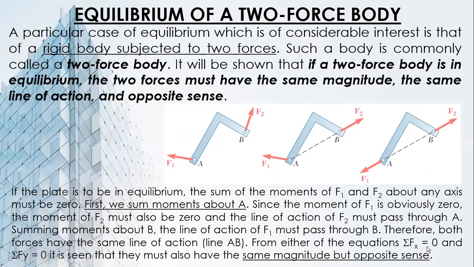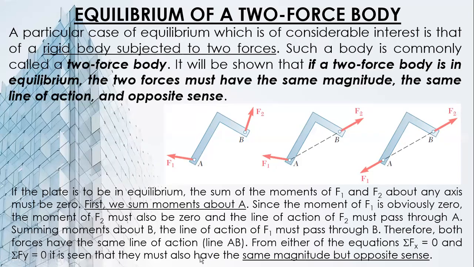From either of the equations, if you sum up forces along X, it is 0. Same magnitude, opposite direction. So if you get the X component, positive to the right, and X component to the left, same magnitude, so 0. Same with Y. If you get the vertical component, upward, and vertical component, downward, they cancel.